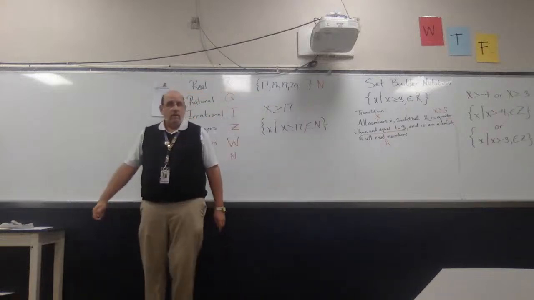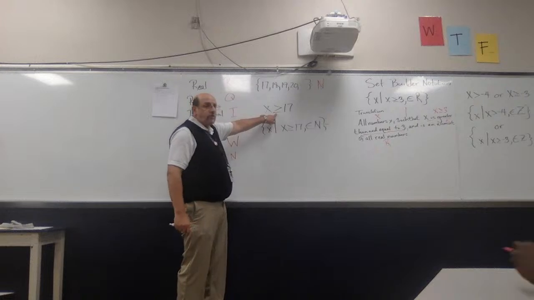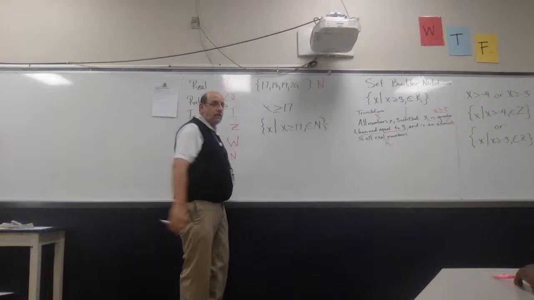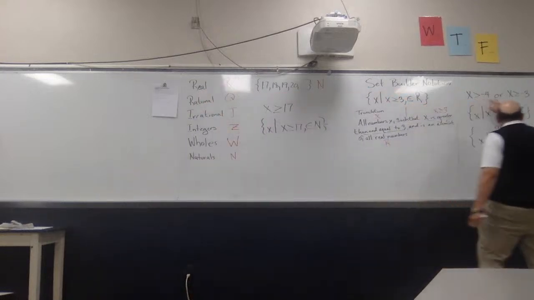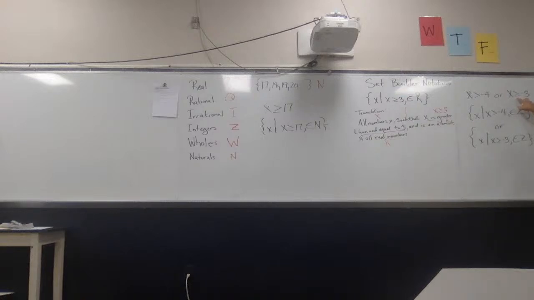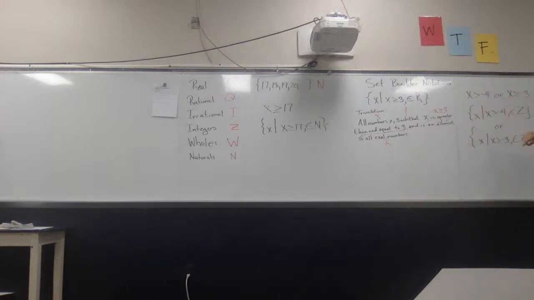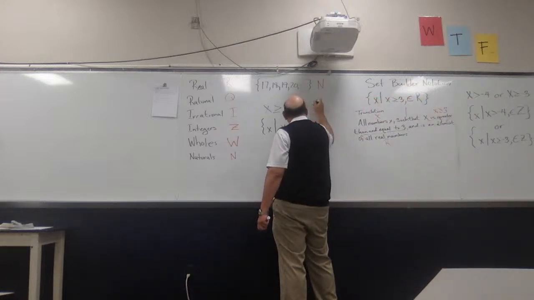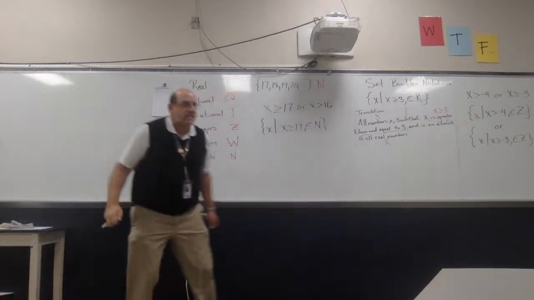You didn't write a line because the -4 didn't have a line under the greater. Right, but how else can I write this to include all these numbers if I don't want to include the equal sign? Look at the difference between these two things. I included the 3 because the 3 was part of it. But if someone had said 16, everything greater than 16, you don't need a line.